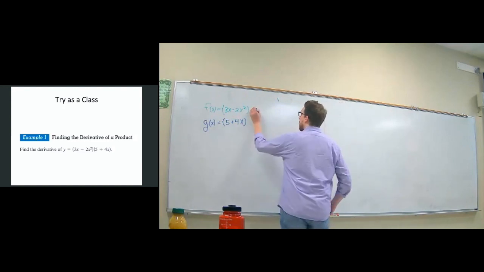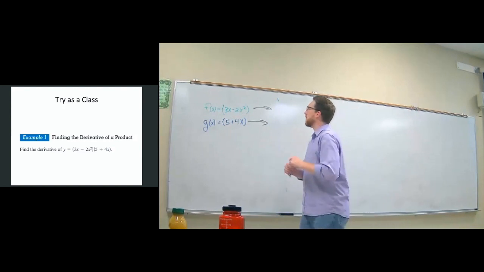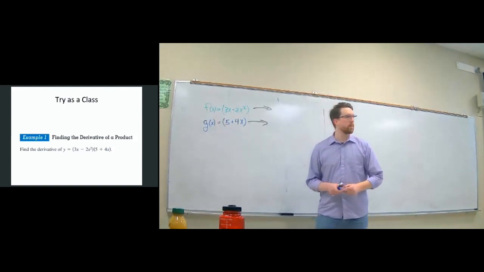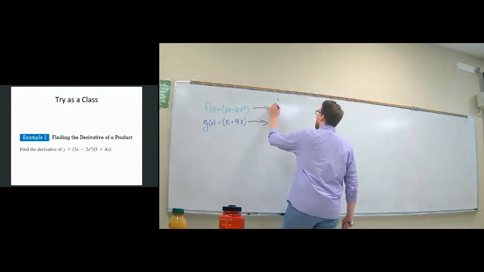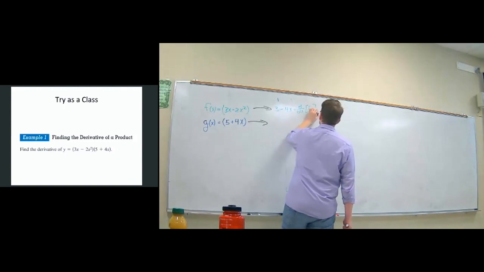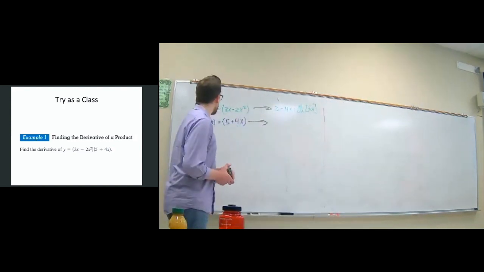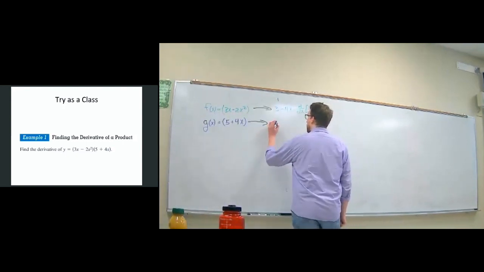All right. What's the derivative of f of x? It's going to be pretty quick to find, isn't it? Just going to be 3 minus 4x. And the derivative of g of x, well, that's just going to be 4.